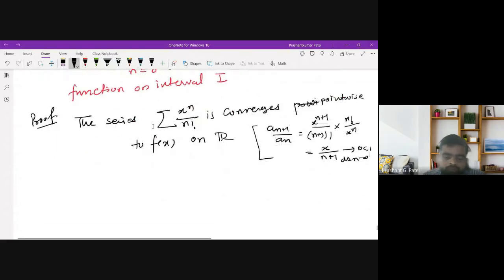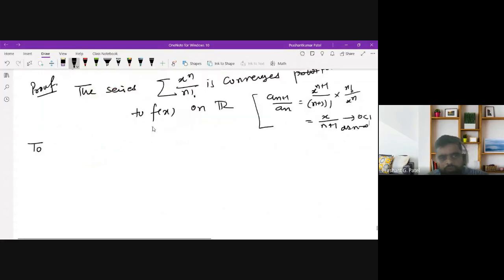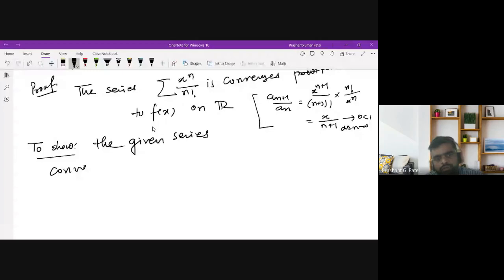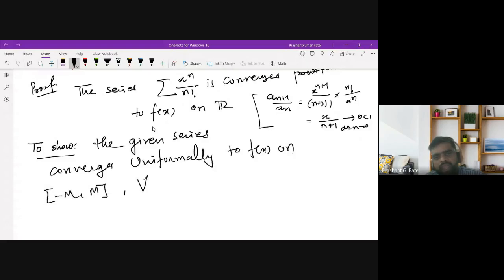So what to show is this: the given series converges uniformly to the function f(x) on the interval minus m to m for every m greater than 0. So for any m, I may take this interval.